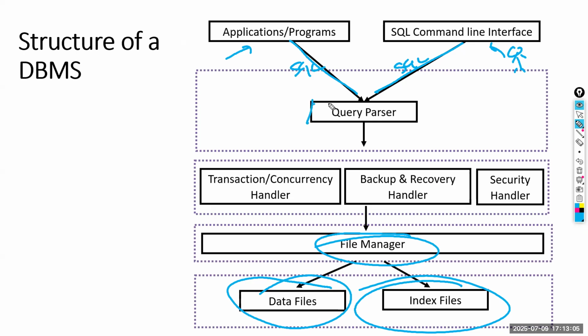Then your DBMS has something called a query parser that executes your SQL. Because ultimately your data is in files, but what you send is a high level SQL query. So then there's a file manager, a security handler, a backup and recovery handler, and a transaction handler that coordinate this. Okay, coordinate this.